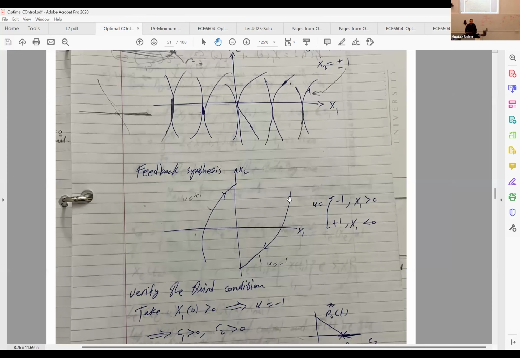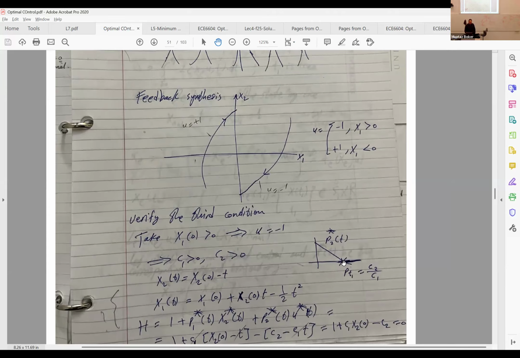Notice that I told you that when x2 is free, the time optimal should be less. We can see it from here. Before, we had a switching. This time is the switching time, it's not the final time. But in this case, that's the final time. So you can see that that could be a smaller time than when x2 is given.